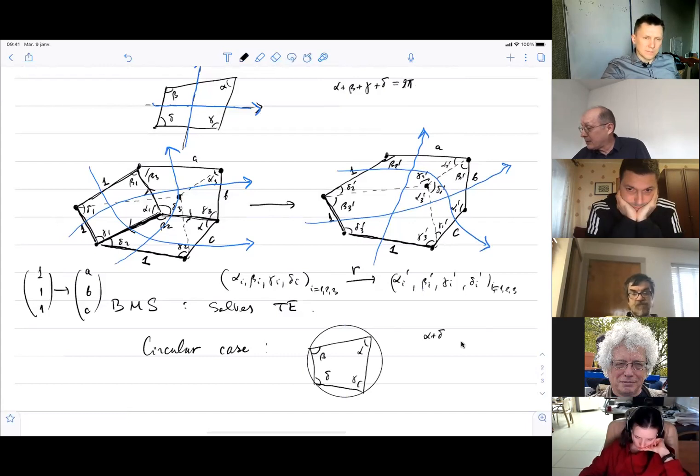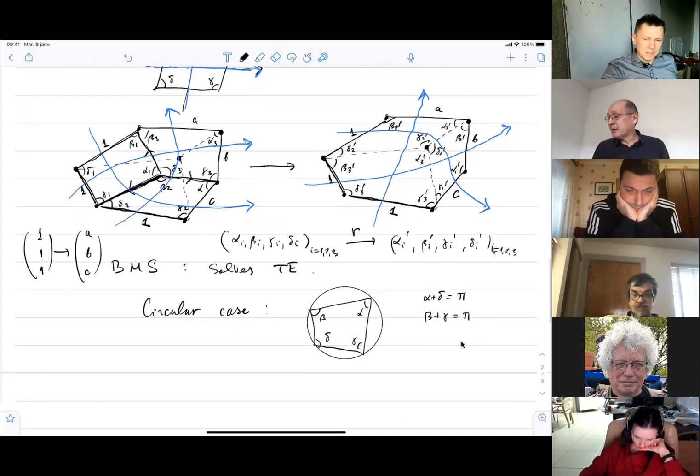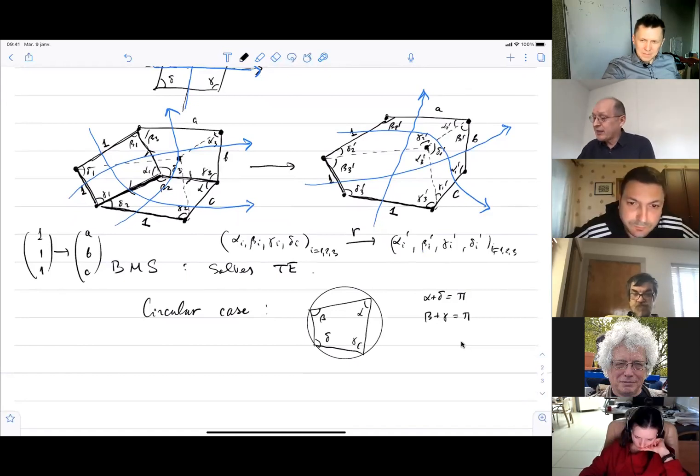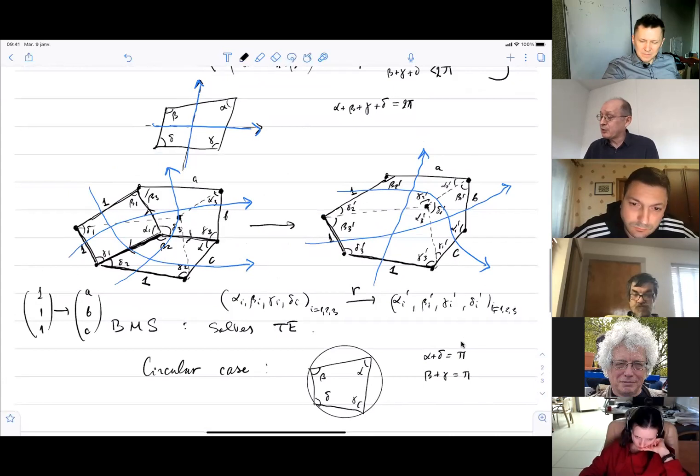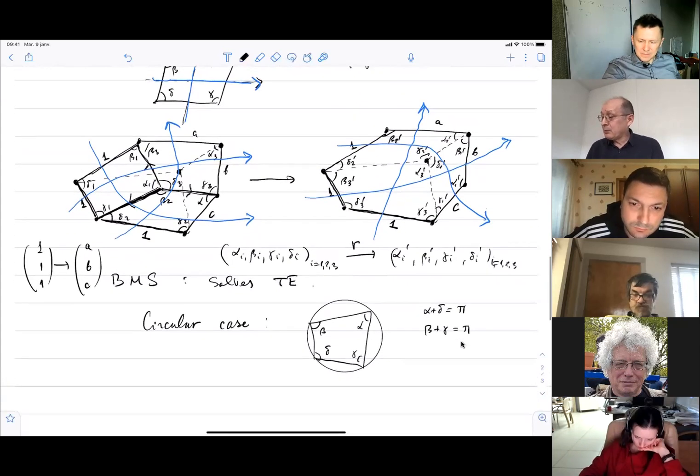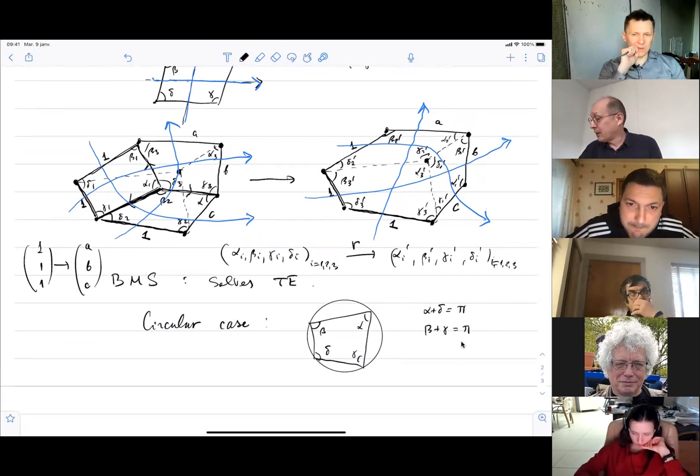Alpha plus delta equals pi, and beta plus gamma adds up to pi. Just a geometry fact. And now from the 3-parameter solution, so your Y space, if you want, was 3-dimensional. And now if you impose the circular case, then you reduce the dimension of your reduced Y to 2 dimensions, say alpha and beta.